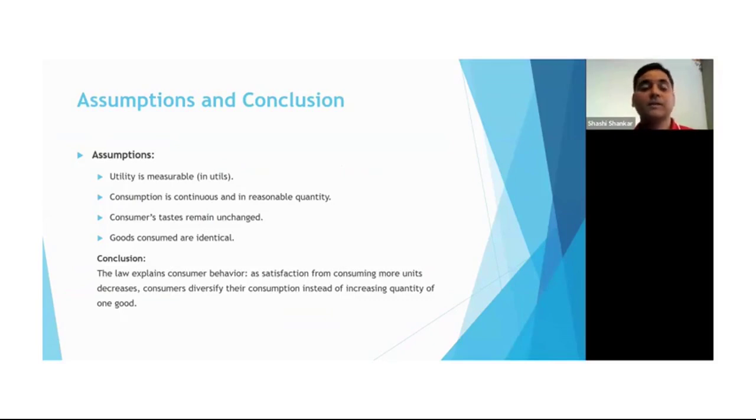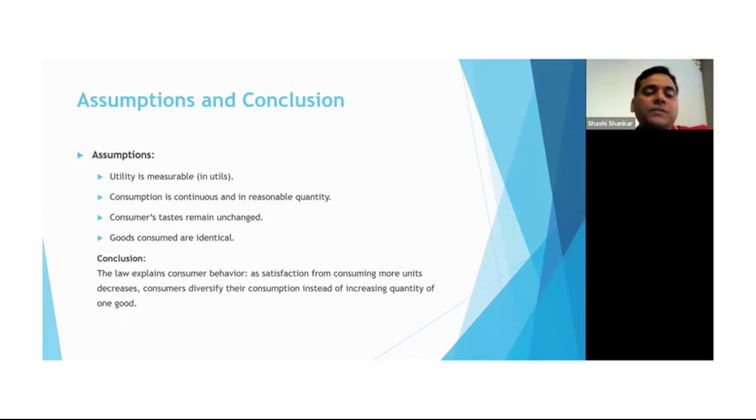The second assumption is that consumption is continuous and in reasonable quantity. Even in a hypothetical example, it should be continuous. Otherwise, how can we analyze or understand the law of diminishing marginal utility? Consumption is continuous in nature and in reasonable quantity. It should not be all of a sudden very high and then low.